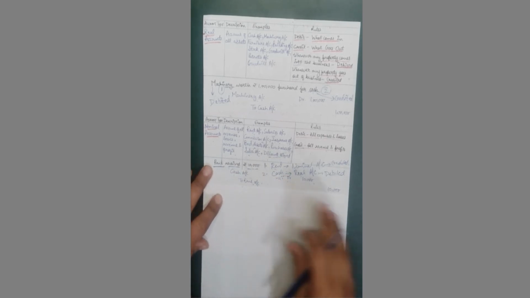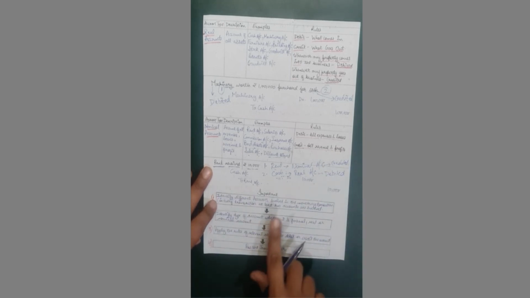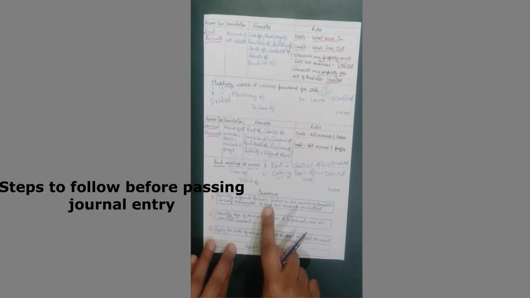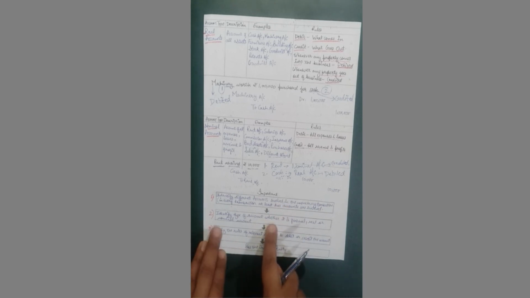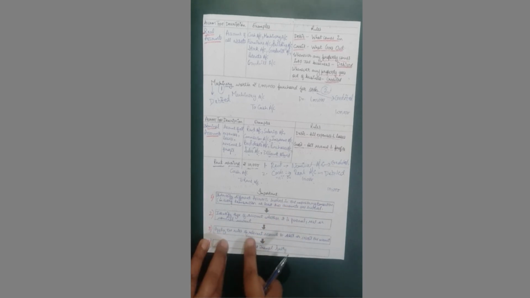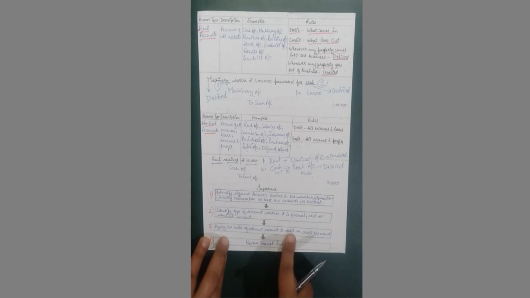So what you are supposed to do first before passing a journal entry is to identify the type of the account, whether it is a personal, real or nominal account, and then apply the rule of debit and credit.